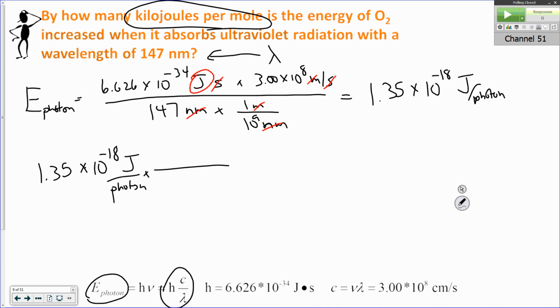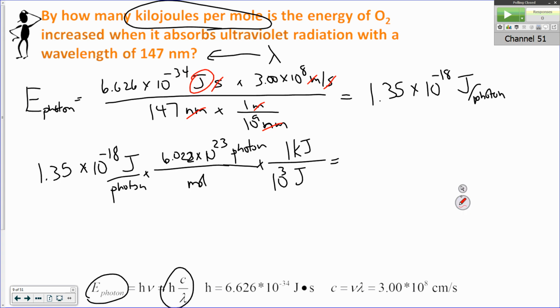It doesn't matter if we're talking about atoms, electrons, in this case photons, molecules. So there are Avogadro's number, 6.022 times 10 to the 23rd photons per mole of photons. And then the last thing is it asks, what is it in kilojoules? So there are 10 to the third joules per 1 kilojoule.